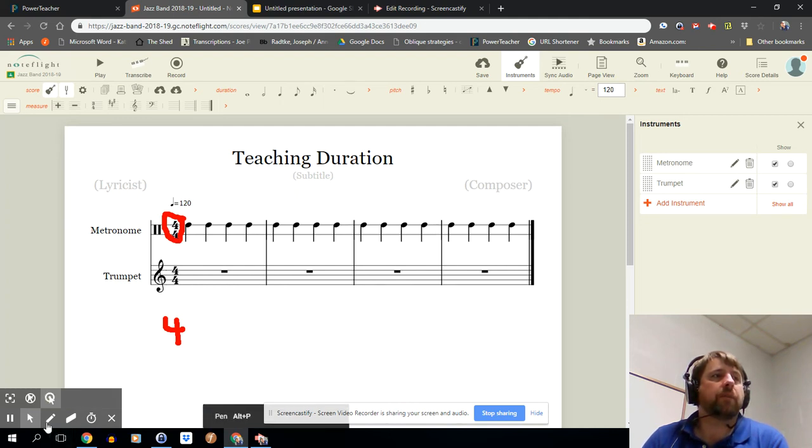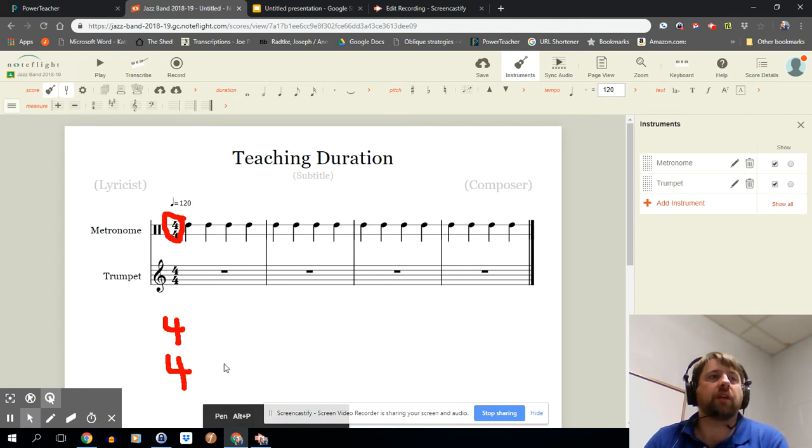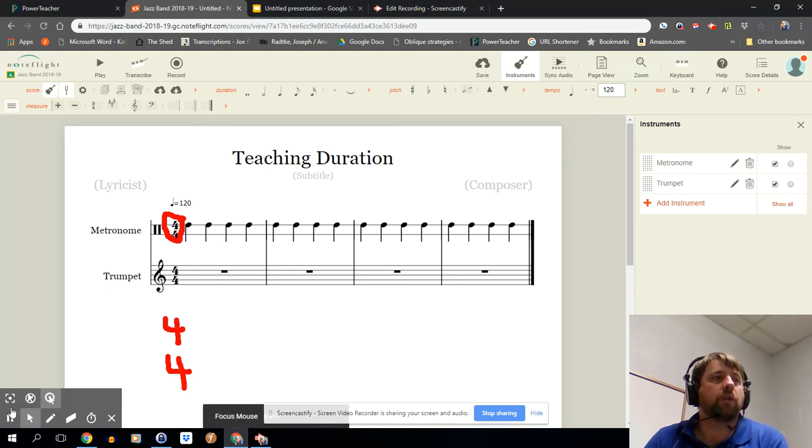Well, the bottom number stands for what kind of beat there is. So if you think of this sort of like a fraction, this means 4 quarters. And obviously you could reduce that fraction down to 1, but we don't want to do that for this. This 1 would be a whole. So it also could mean that a whole note fits in the measure. But what we're saying here is we count 4 quarter notes in a measure. I'm going to break this apart.